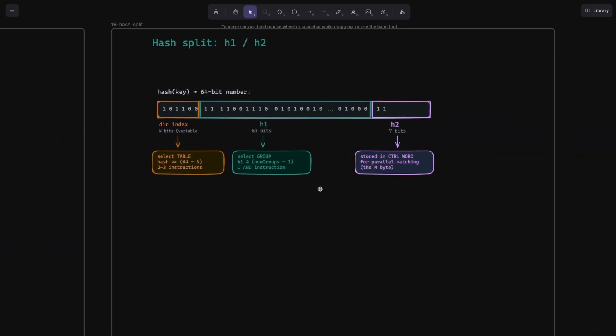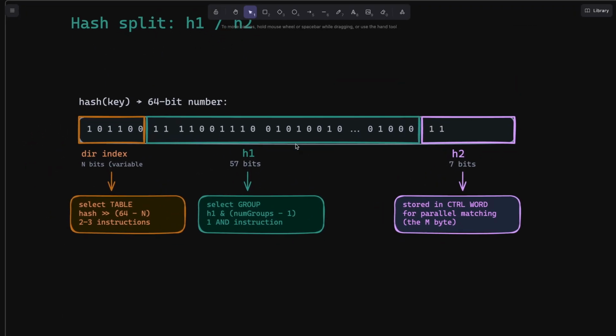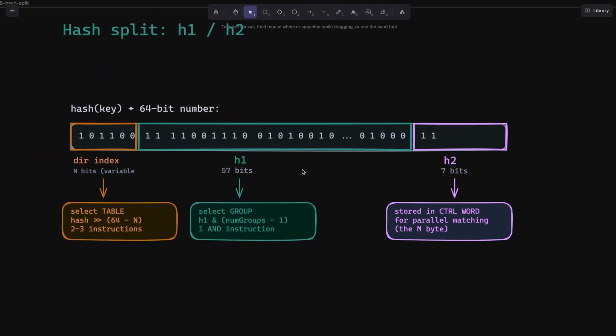You take the 64-bit hash and slice it into parts, and each part has one job. The top bits pick which table in the directory, a big chunk, call it H1, picks which group inside the table. And the bottom 7 bits, call it H2, become a tiny fingerprint of the key. Why split it like this? Because each piece needs a different size.